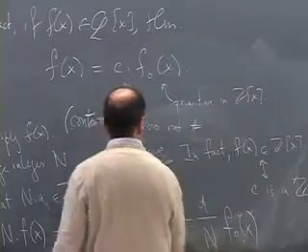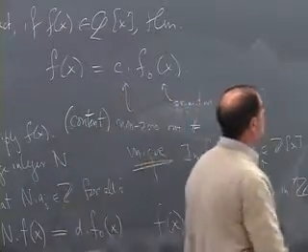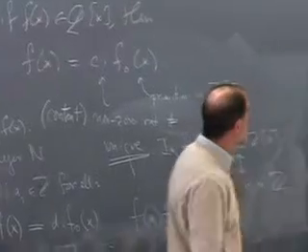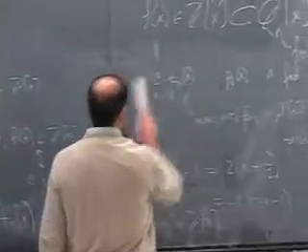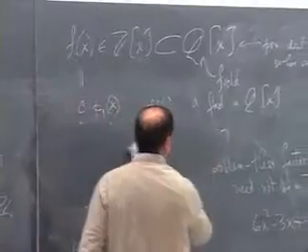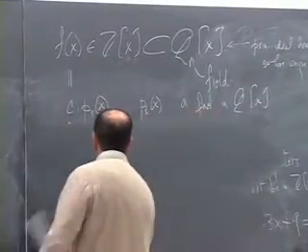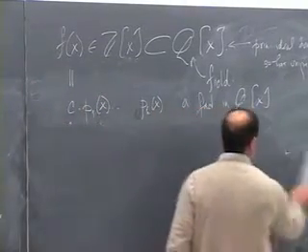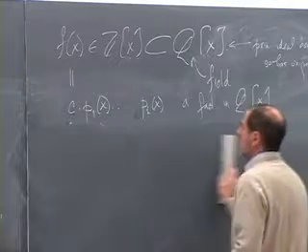Okay, now, here's how I'm going to do this factorization in Z. I take this factorization in the rational numbers, and I replace all these irreducible monic polynomials by their primitive parts.